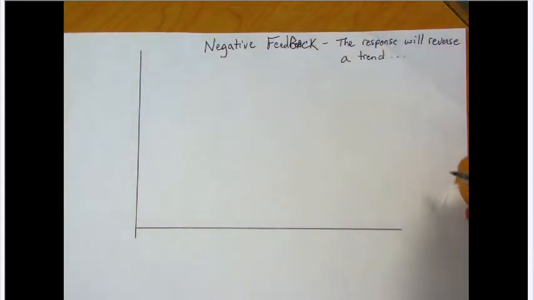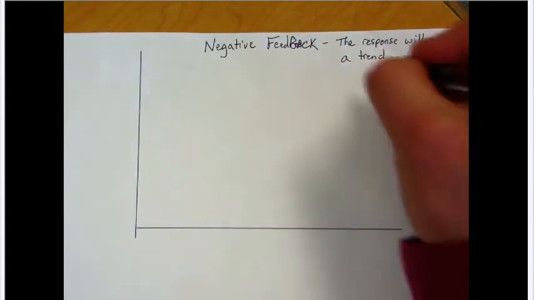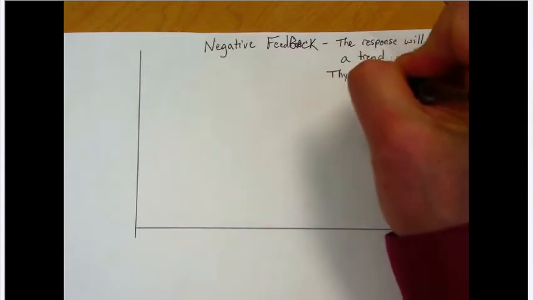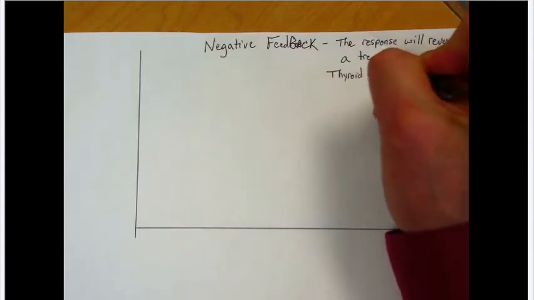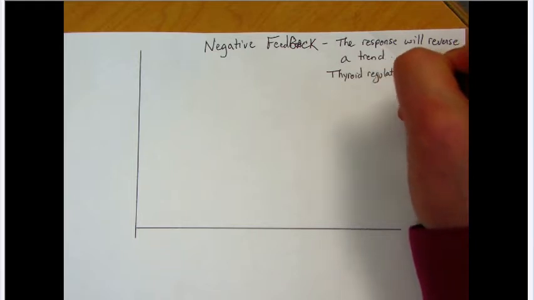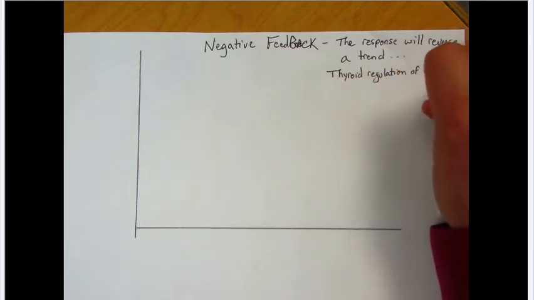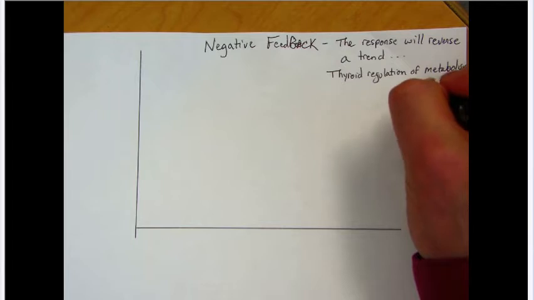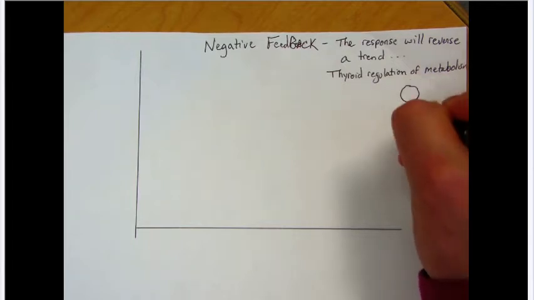In the example that we're going to cover first, the thyroid regulation of metabolism. Woo, I'm out of space. Metabolism. All right, let's take a little drawing just so we can identify where we are in the body.